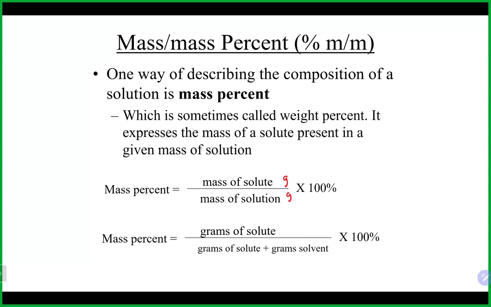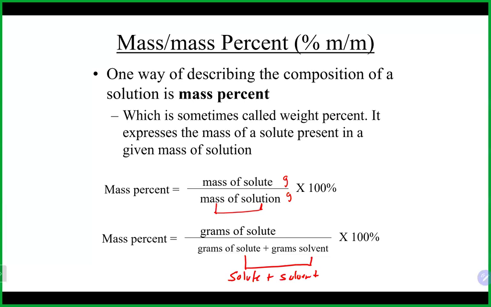It's really important in this one that you look at the mass of the solution. The mass of the solution is both parts of a solution, so you want to make sure that you get both the solute and the solvent together. That's really important when you're doing this calculation, because in these types of problems, they very often give you the mass of the solute and the mass of the solvent separate from each other.